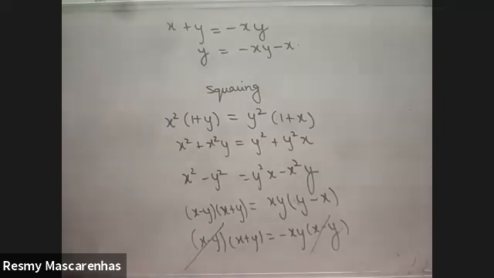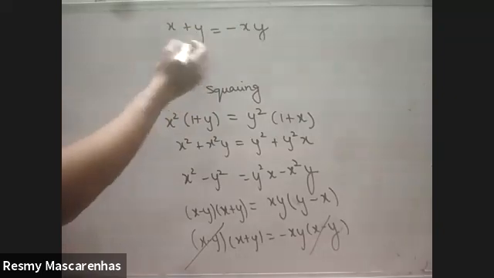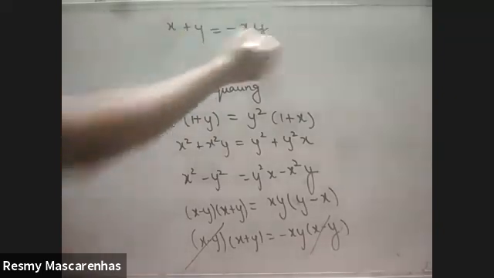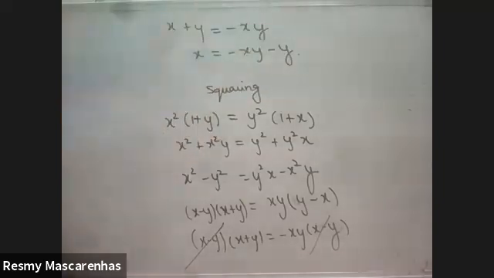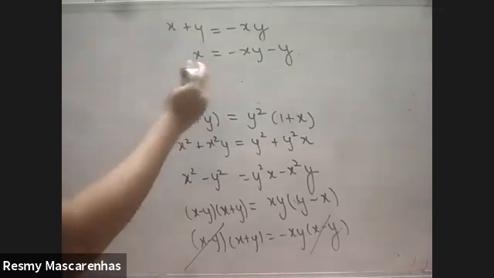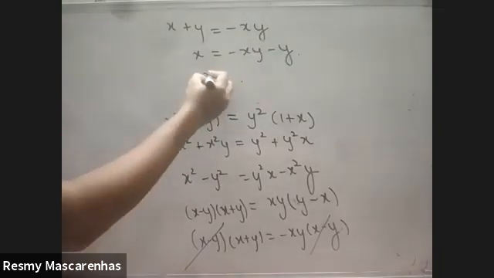Oh no, y will have to bring out common now, beta. Y terms, I want a single y. So this I'll have to take on the other side. I want a single y out, so that I can find dy by dx.